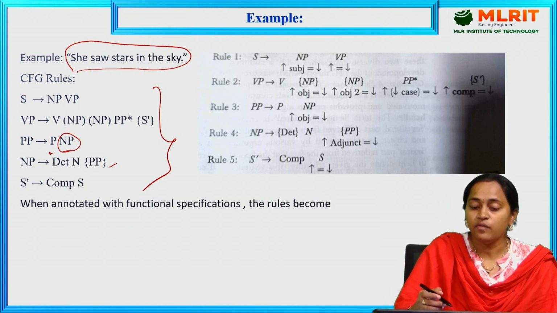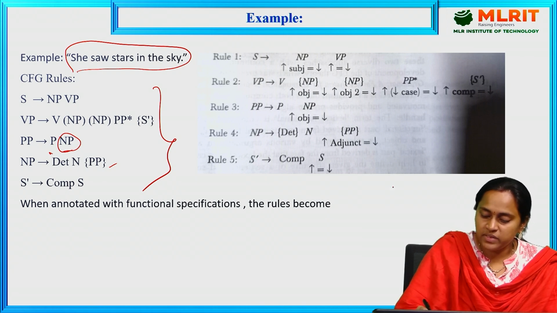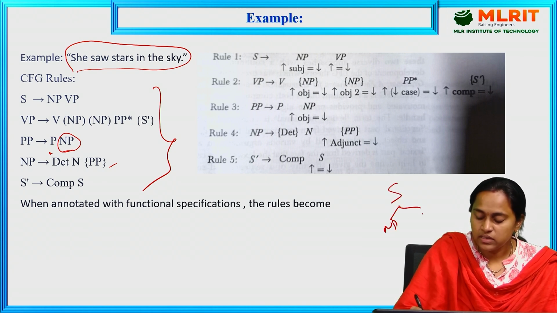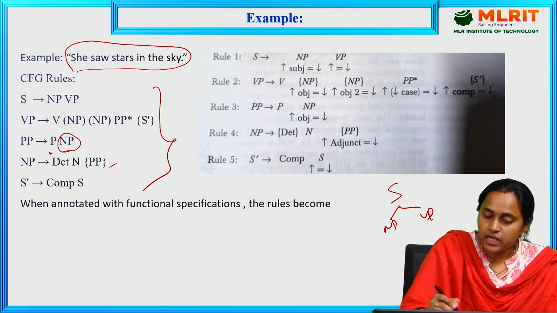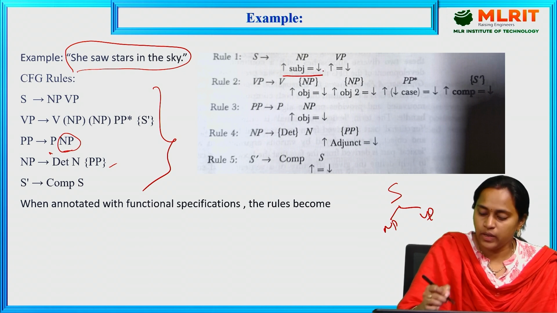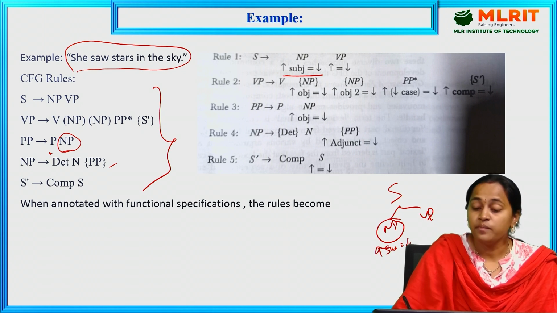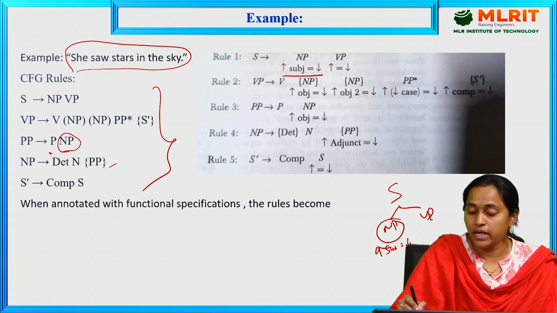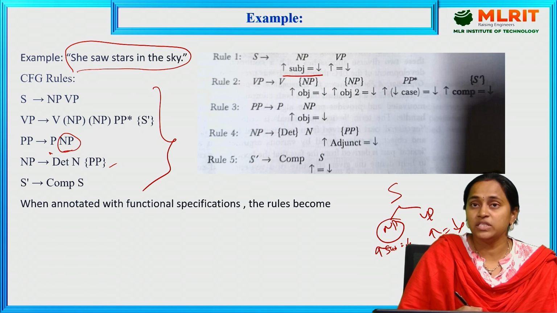See the rules one by one. Here S represents the noun phrase and verb phrase, right? In rule 1, subject and object with up arrow and down arrow, mother node and current node. The left side represents the subject, and the verb's mother node is equal to the right side.